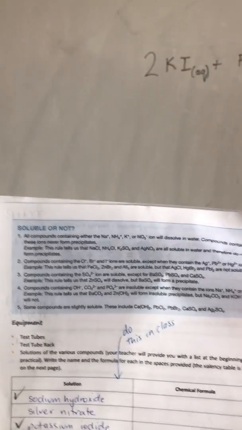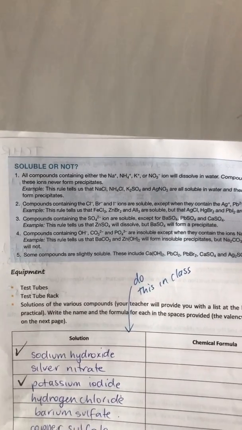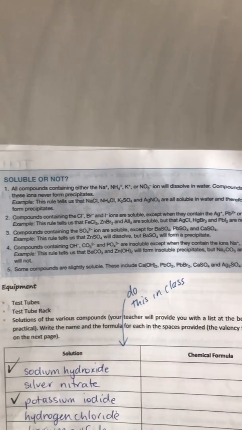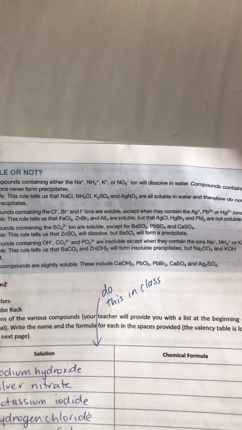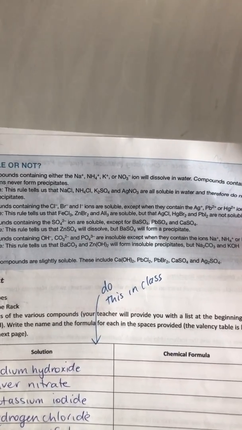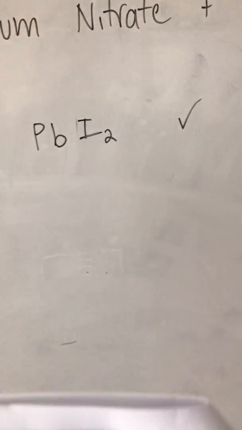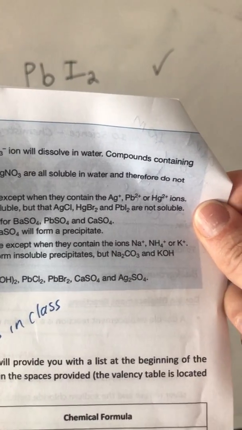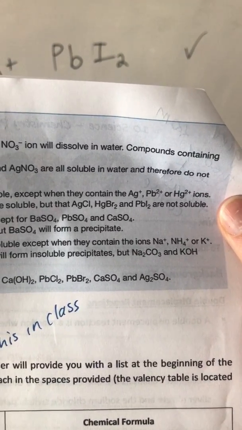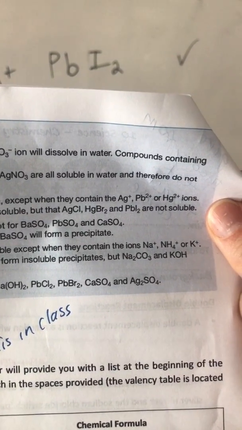We've only got lead iodide left. So let's work through our rules. The first rule we've already sorted. Second rule, compounds containing chloride, bromide and iodide ions are soluble. So we've got lead iodide, so it's saying it's soluble if it's got iodide, except when they contain silver, lead or mercury ions.